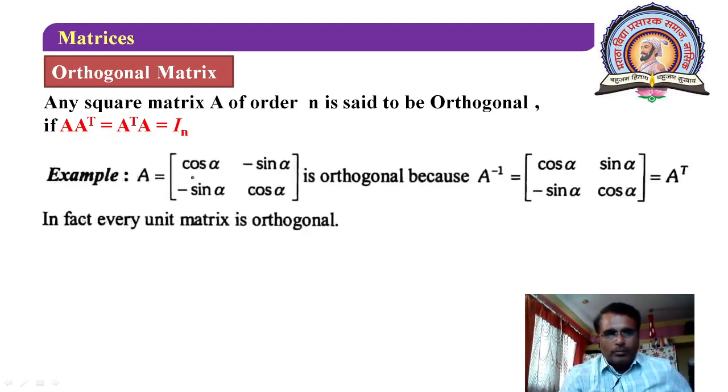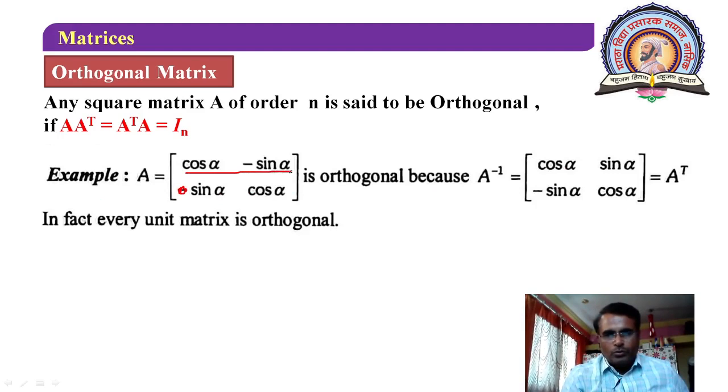So for example, cos alpha minus sin alpha, sin alpha cos alpha is an orthogonal matrix because A inverse is equal to cos alpha sin alpha, minus sin alpha cos alpha, it is A transpose. Actually there should not be this negative sign. If this is your matrix, cos alpha minus sin alpha, sin alpha and cos alpha, then its inverse is by taking transpose.